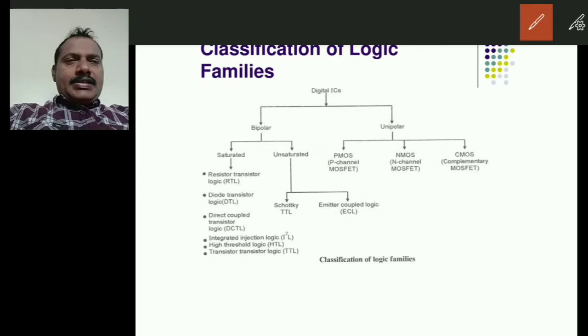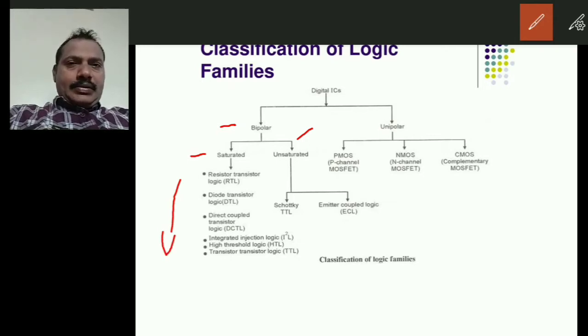Under bipolar we have saturated and unsaturated types. That means the transistor goes into saturation. In this case, in all these categories, the transistor goes to saturation.